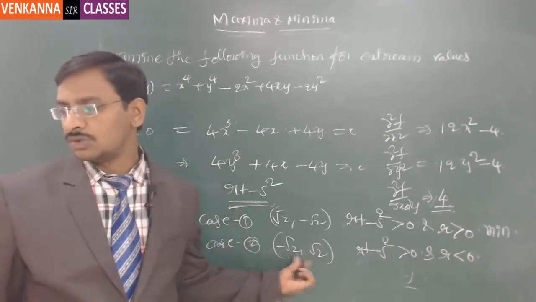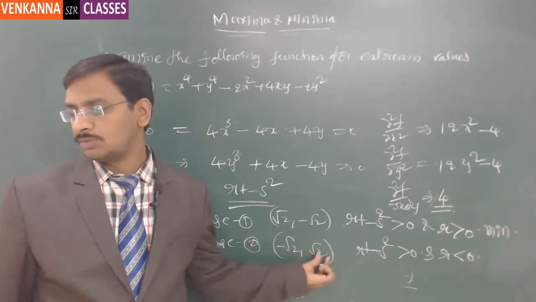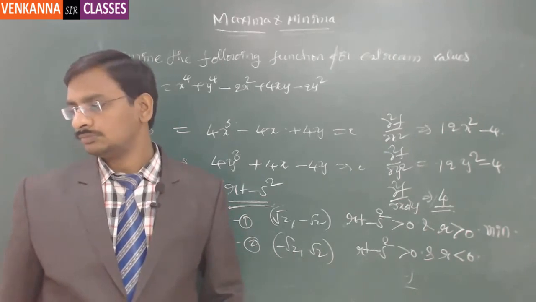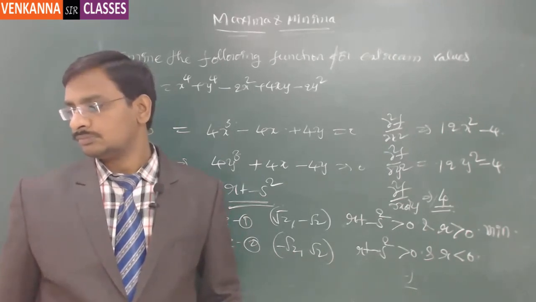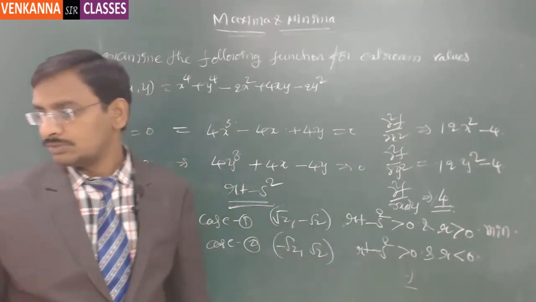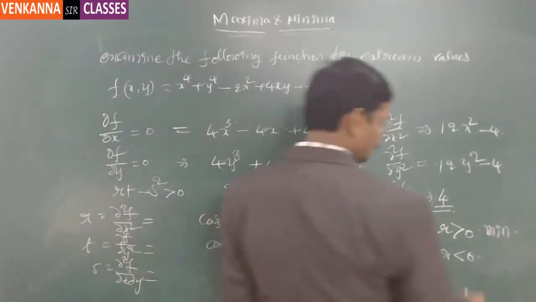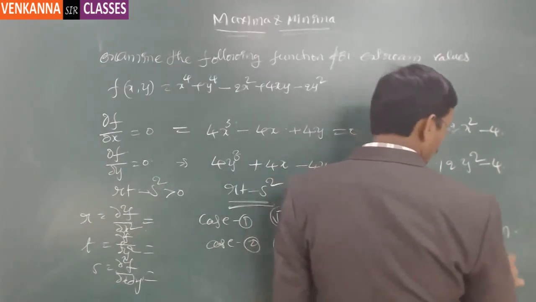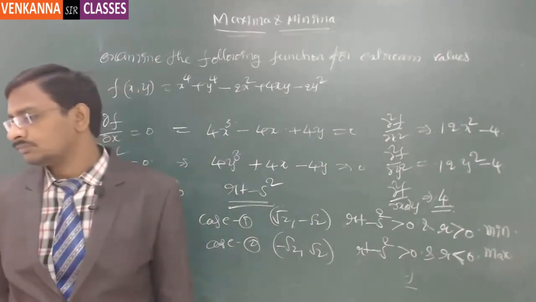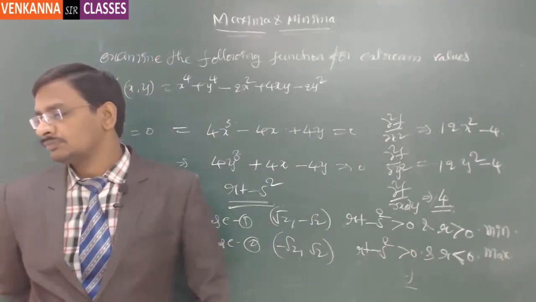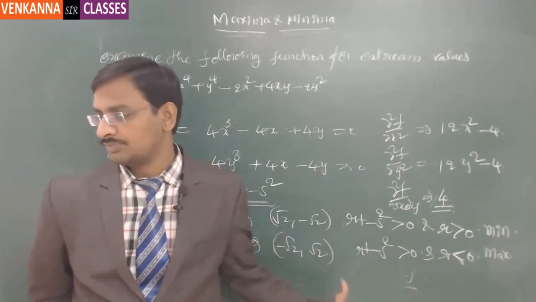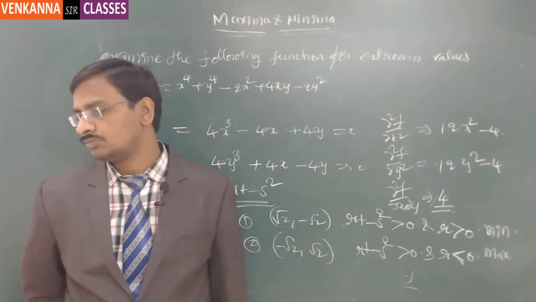For case 2, that is minus root 2 comma root 2, rt minus s square is positive, and r is less than 0. So you are going to get a maximum value, I think. So r is less than 0 in this case, minus root 2 and root 2.